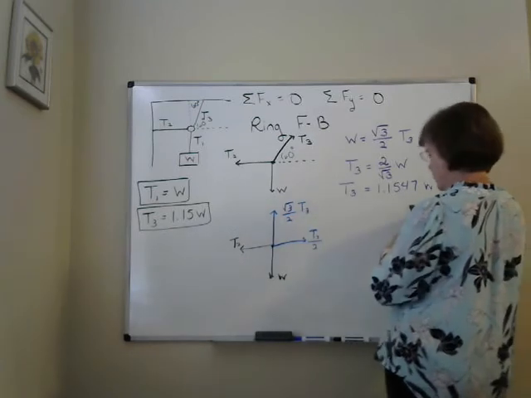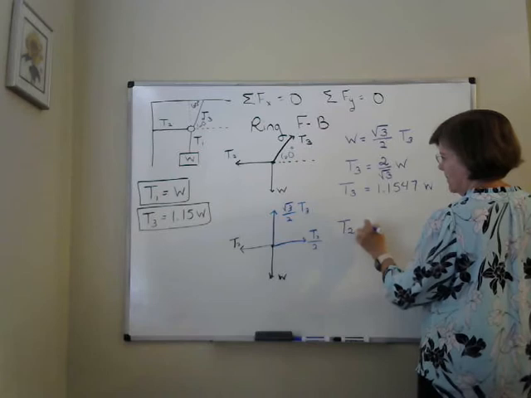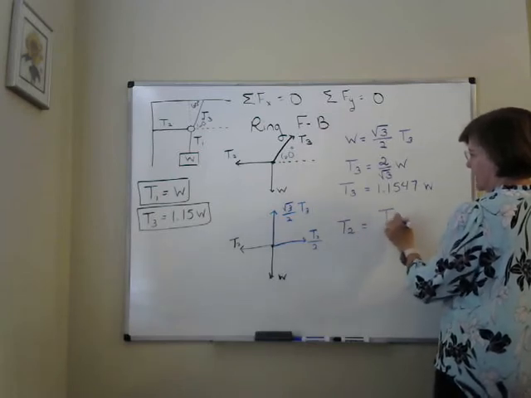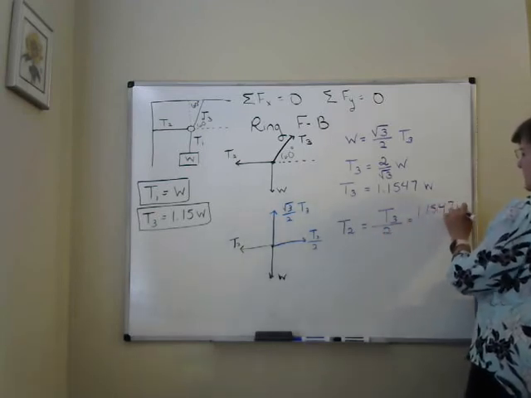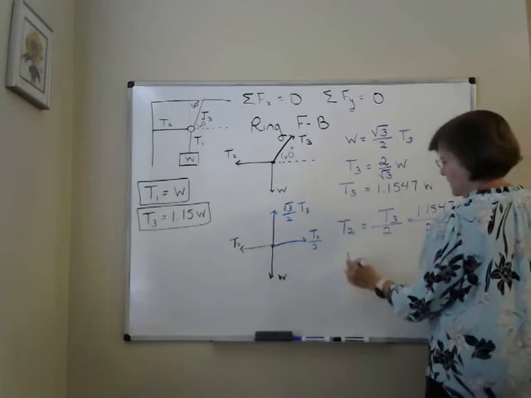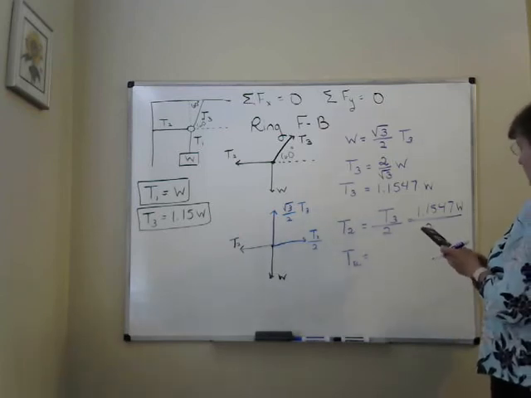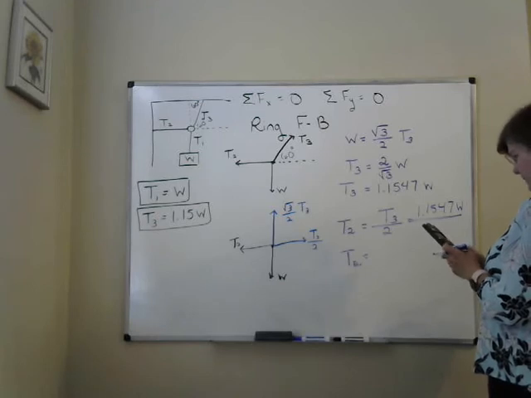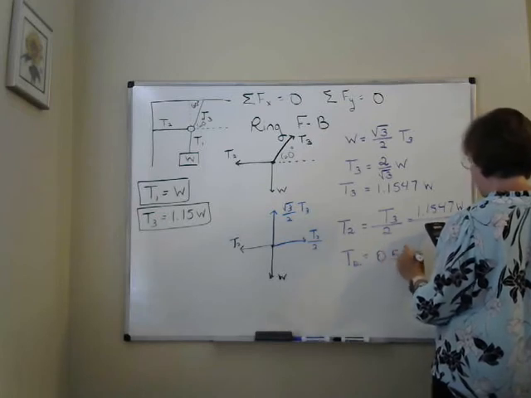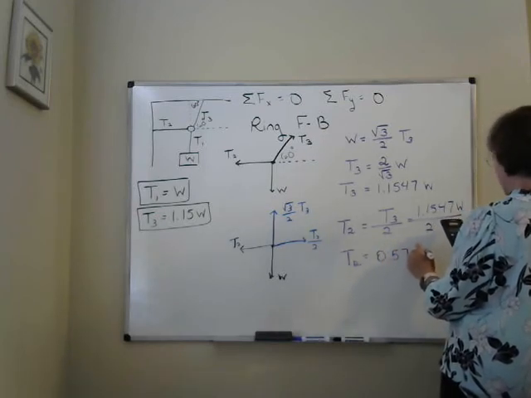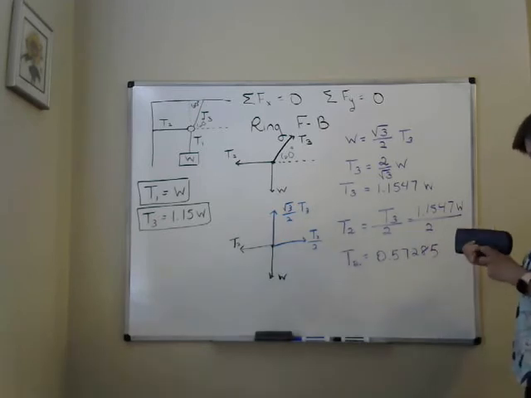If we look across or horizontally, we get another equation that says that T2 must equal T3 divided by 2. Well, that is 1.1547 W divided by 2. We get something like this, but again, that's way too many significant digits.